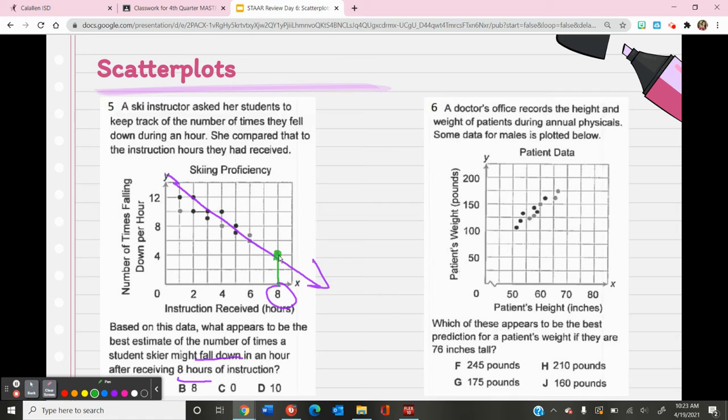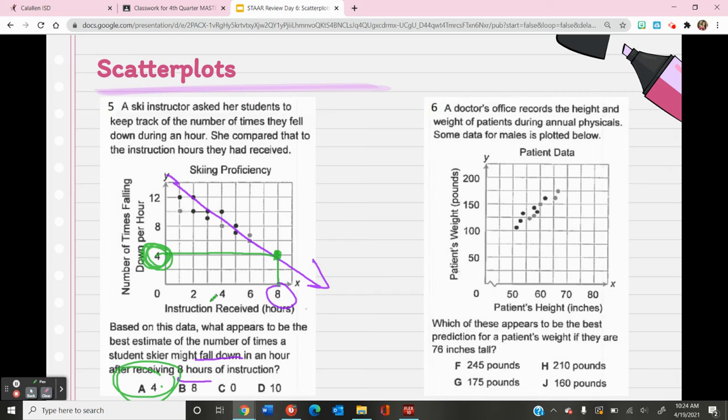And in order to find out the amount of falls that skier had, I'm going to have to look at my y-axis. So I'm going to go over, and here I now see that after 8 hours of instruction, a skier will only fall 4 times. So here that means that A is going to be my answer.